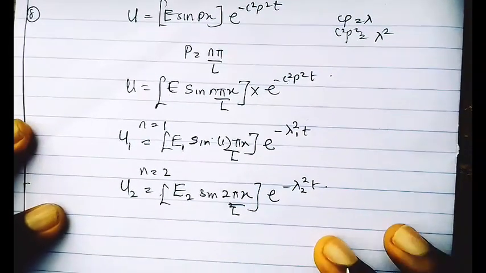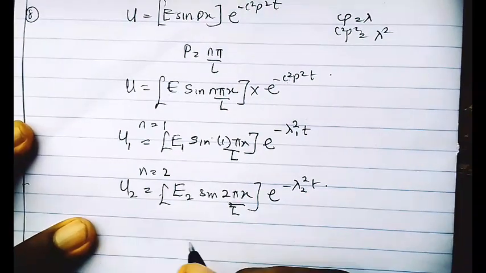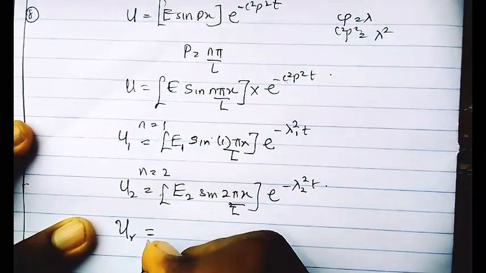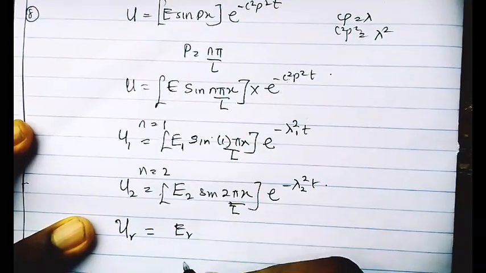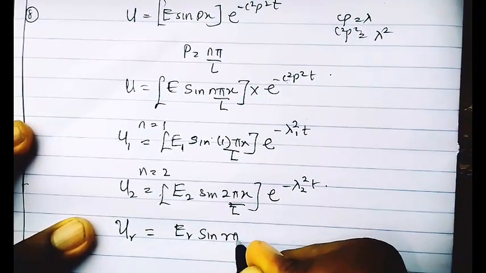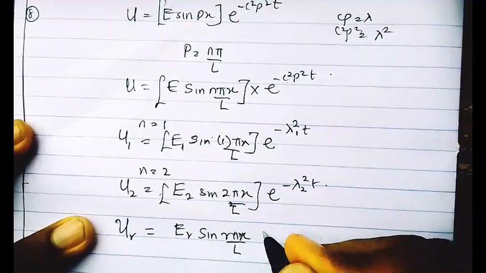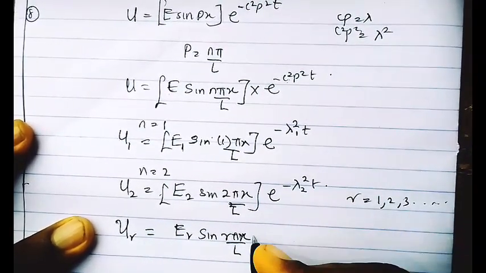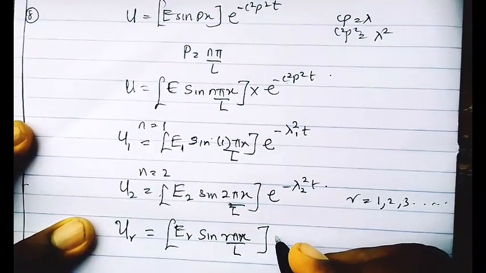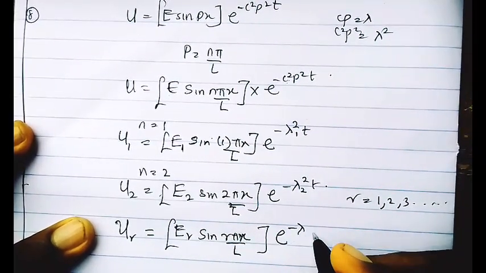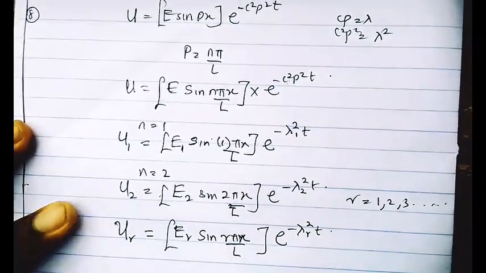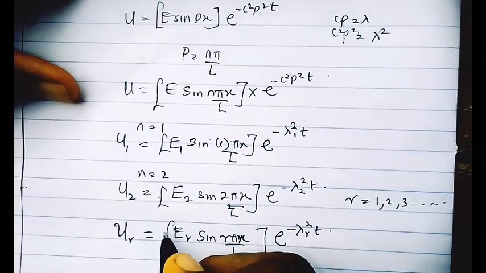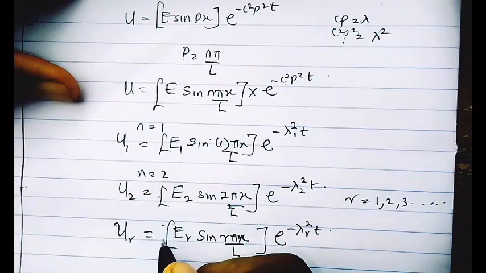Now we can express it as a general form: u subscript r is equal to er sine r pi x over l, where r is 1, 2, 3, 4, and so on, times exponential minus lambda r square t. This is the general form.